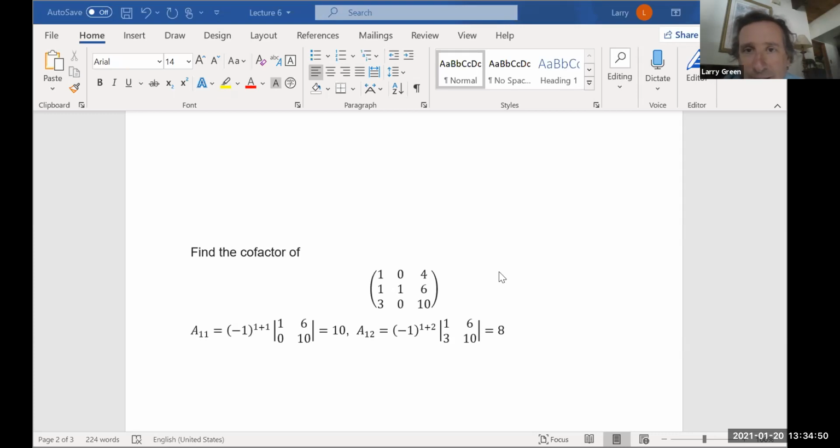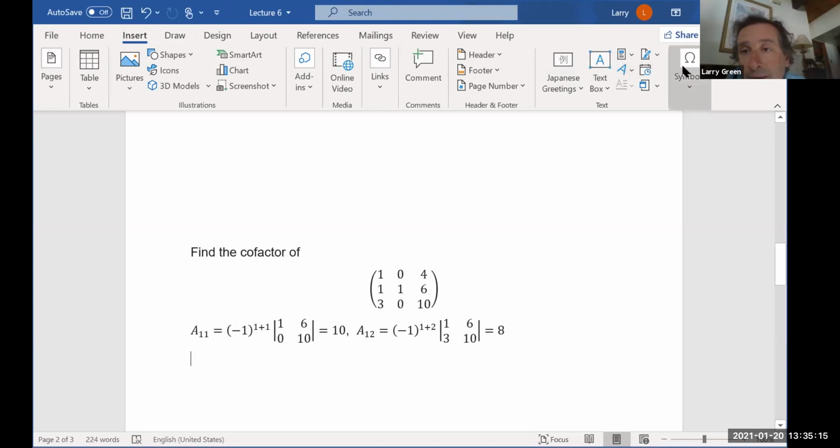Okay, I'm going to type it out. Hopefully y'all got it right. I'm seeing a couple. Okay, so let me go find them. A13 is negative 3. It takes forever with Zoom up here to get to that matrix. Just a minute.